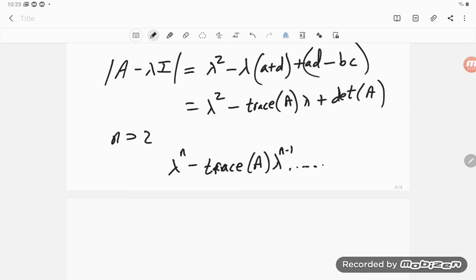Then you'll get a bunch of other terms in here, and then it will end with plus the determinant of A.